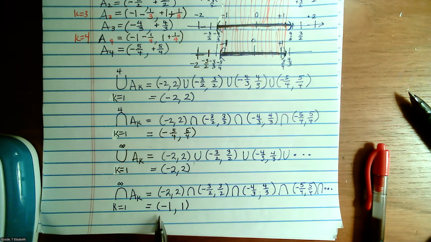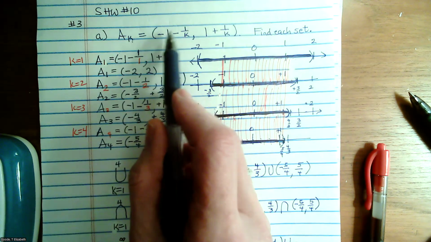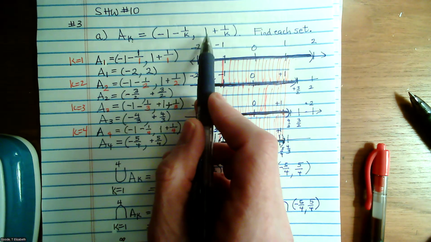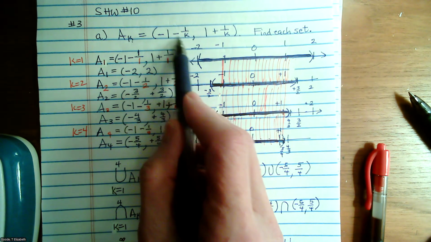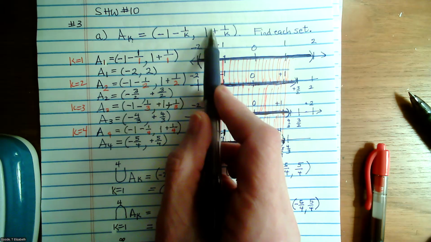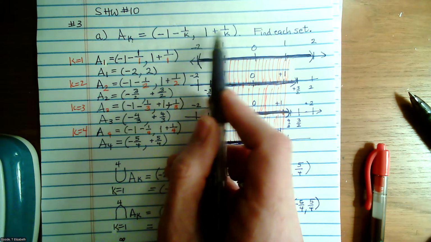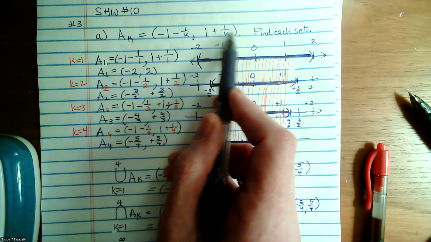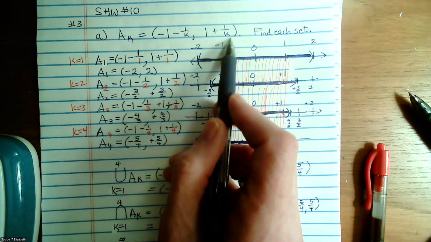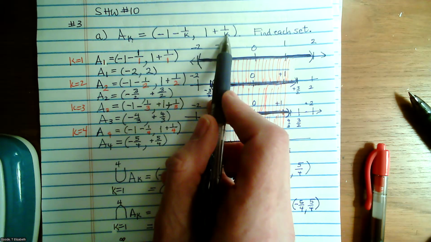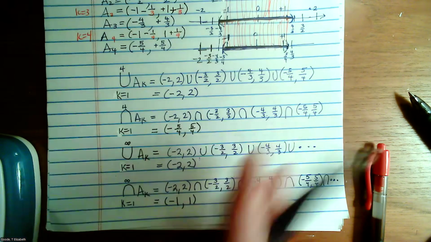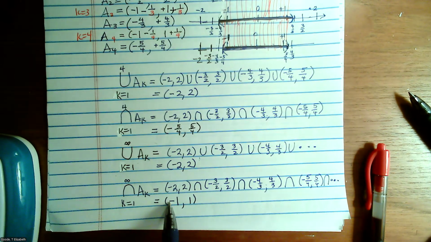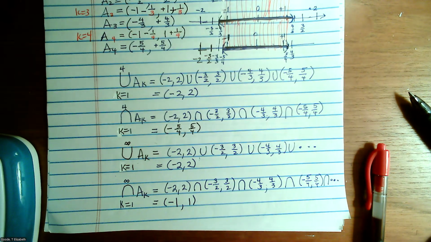But all of these sets will have -1 to 1 in them. They have a little bit more on either side, but that amount shrinks as k gets bigger, because 1 over k gets smaller and smaller. So the only thing we're guaranteed in the infinite intersection is everything from -1 to 1. Does that make sense? Yeah. Good.